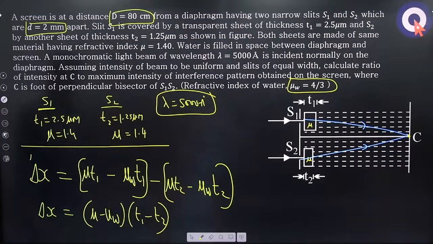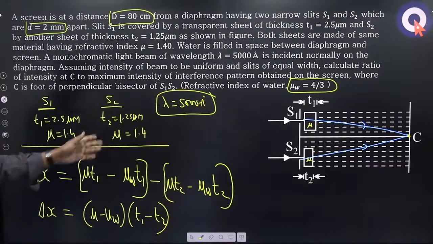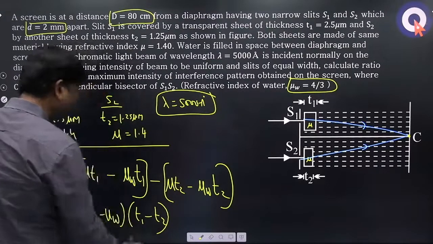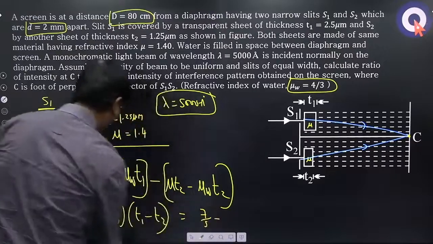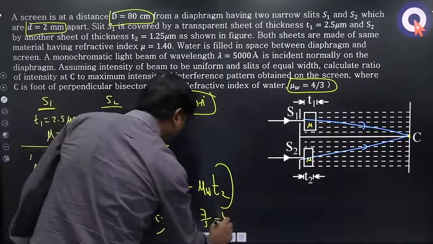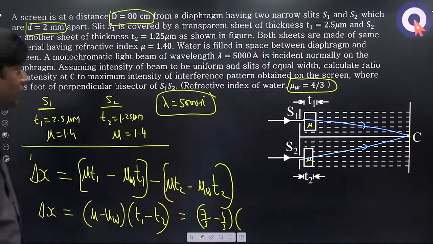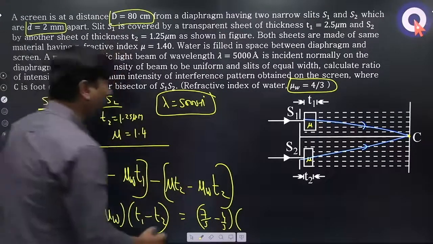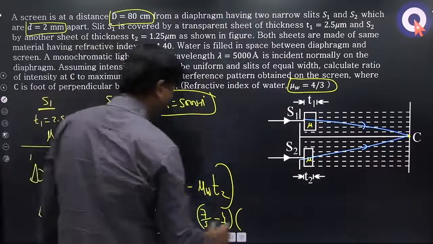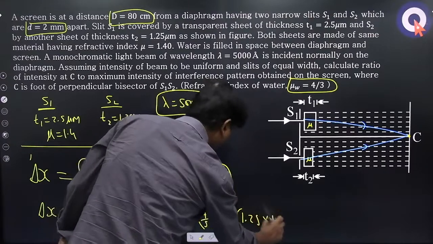So what is mu? 1.4, which you can write as 7 by 5, minus mu_w of 4 by 3, into (T1 minus T2). T1 is 2.5 micrometers and T2 is 1.25 micrometers. 2.5 minus 1.25 is 1.25 micrometers, so 10 power minus 6.